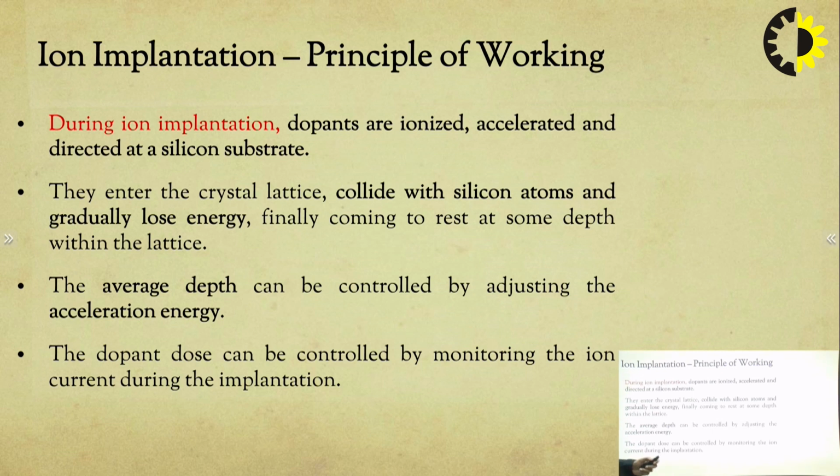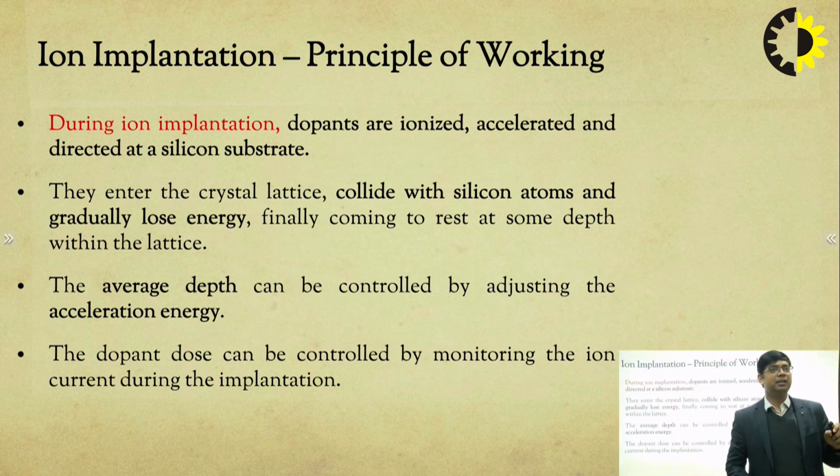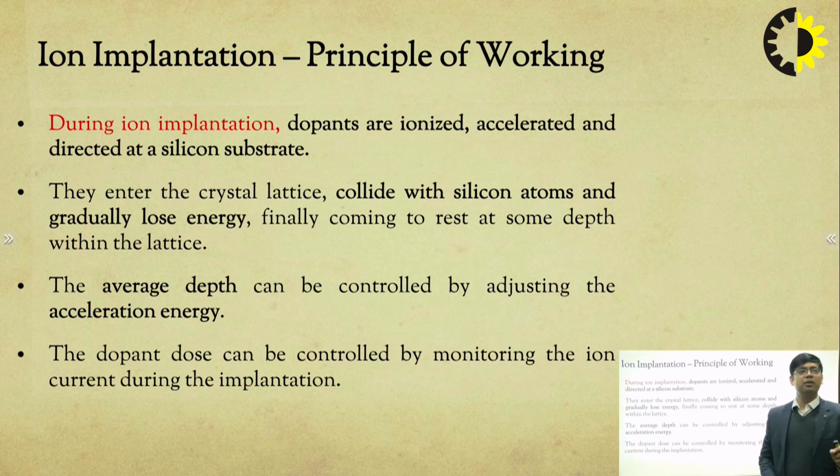The depth that they can penetrate in the wafer can be controlled by providing an acceleration energy of a particular amount, and the dopant dose can also be controlled by monitoring the ion current during the implantation.